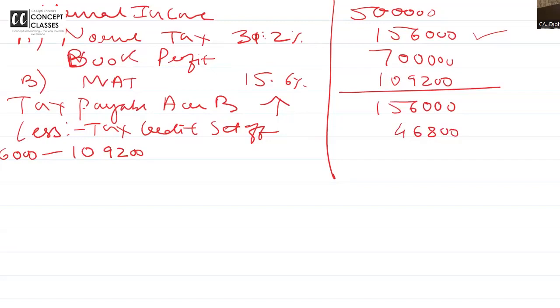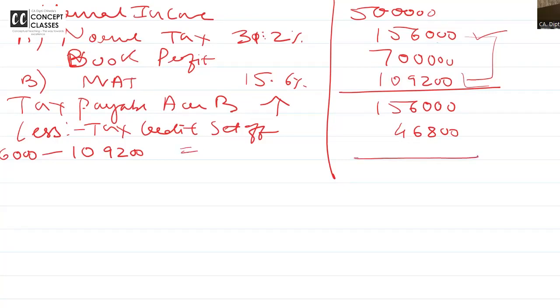Your normal tax is 1,56,000. MAT है, कम से कम तो MAT पे करना है ना, तो normal tax पे करो, बिल्कुल पे करो normal tax. But can you pay minimum MAT? Even if you want to pay normal tax, minimum MAT तो pay करना ही है. So difference you can set off from the tax credit.